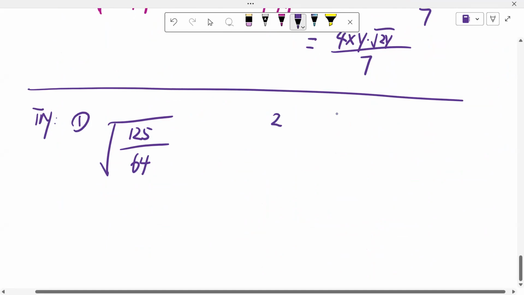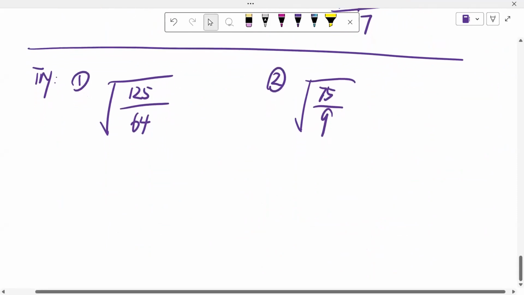Second one, what is the square root of 75 over 9? And the third one, what is the square root of 54 a squared over 25?